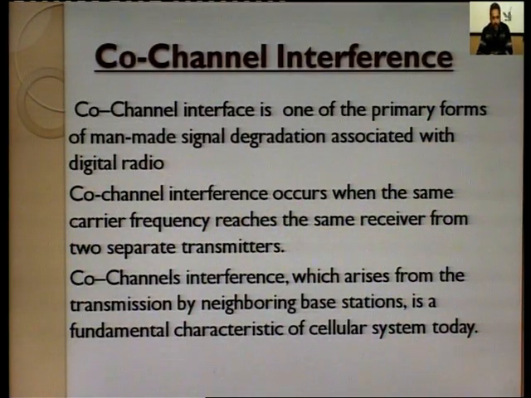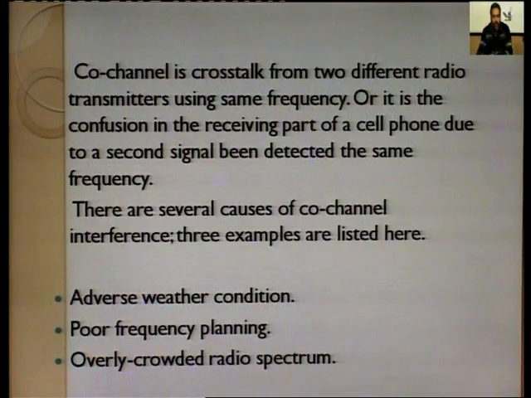Co-channel interference, which arises from transmission by neighboring base stations, is a fundamental characteristic of the cellular system today. It is also called crosstalk from two different radio transmitters using the same frequency.